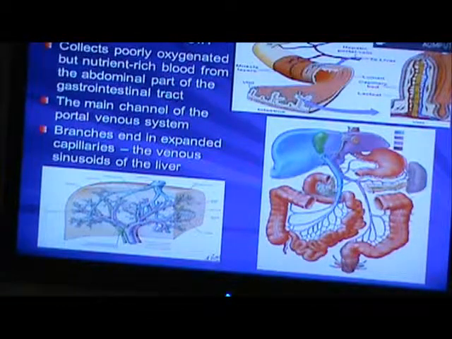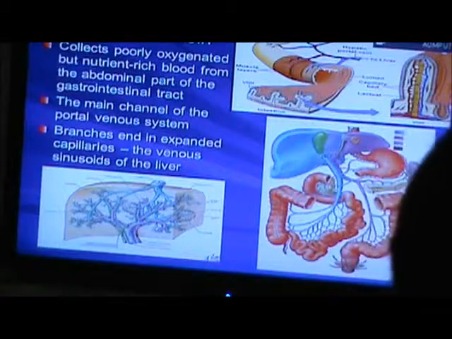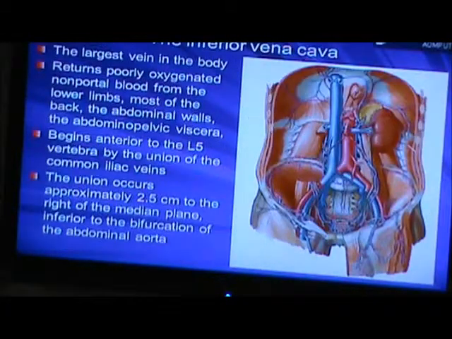But here is some strange network from vein to vein. A similar strange network, but arterial, will be present when we talk about the kidney, in the glomerulus. So remember, it's interesting that it goes from veins to veins.